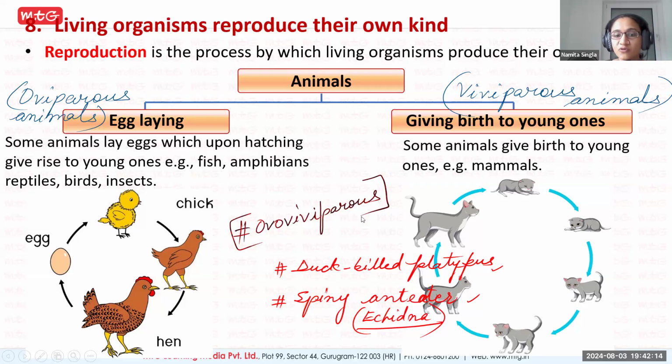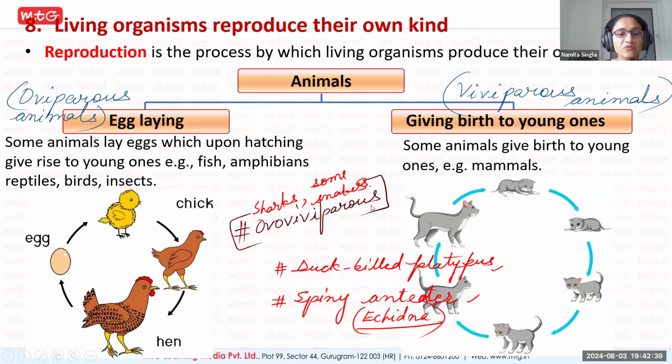So then we have ovoviviparous also. This is another term which is used. Ovoviviparous animals are those which are intermediate between oviparous and viviparous. Examples of ovoviviparous animals are sharks. Some snakes also, not all snakes, and some other animals are ovoviviparous.